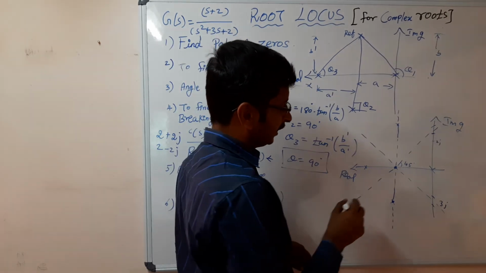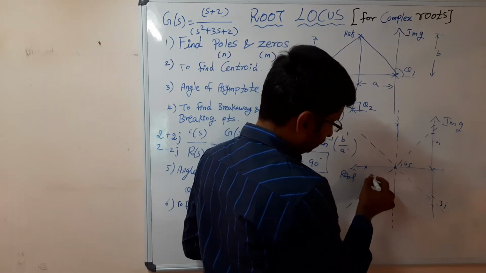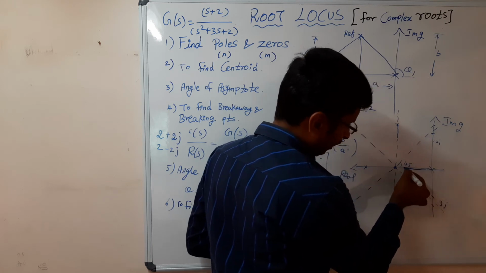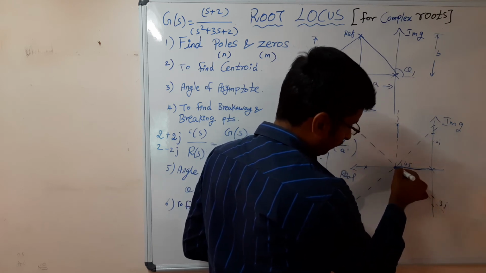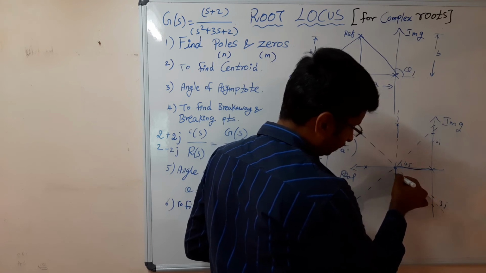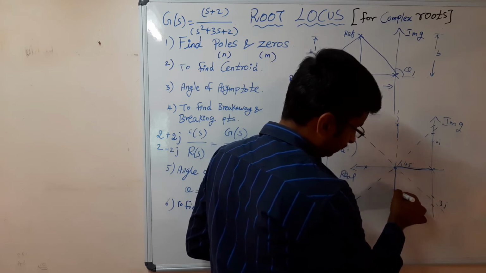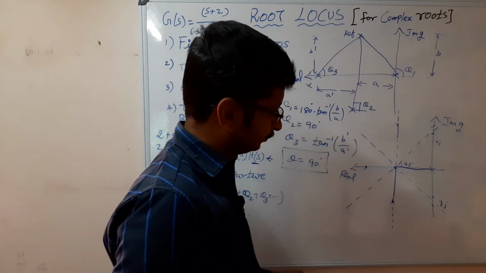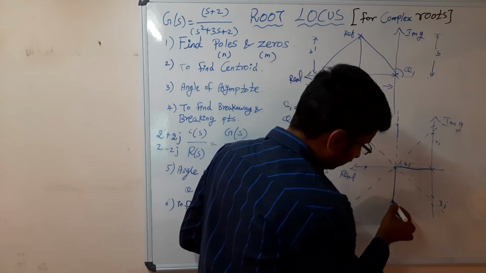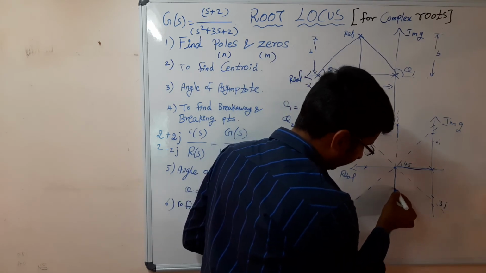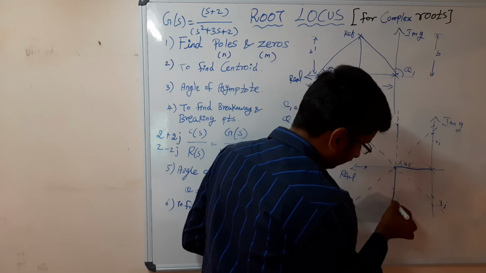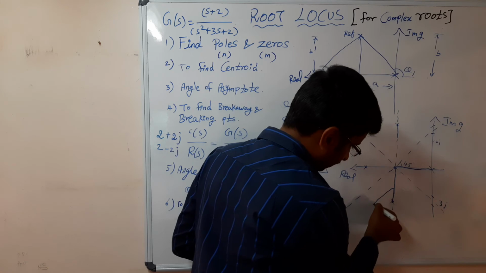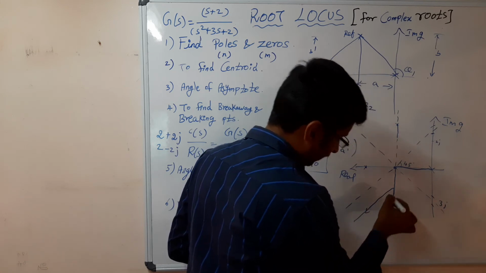Let me say the first path travels from the origin and it touches your centroid and travels till this and it reaches its imaginary pole. From the imaginary pole it travels till the breakaway point, breaks away and travels parallel to my angle of asymptote.